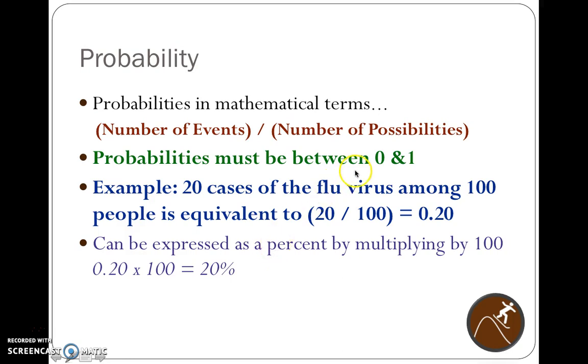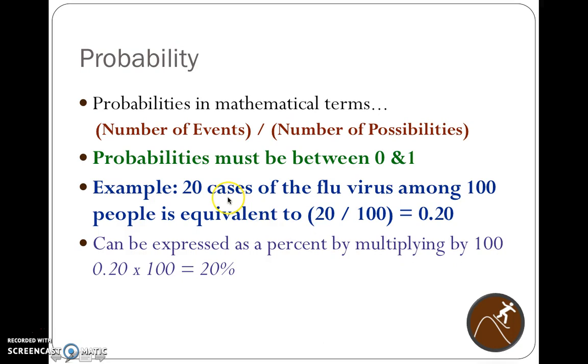You can also take a probability, and you'll see this done a lot with cancers in the cancer data, which are usually expressed per 10,000 or per 100,000. So you can multiply any probability by the number that you want to express it as and get that result.